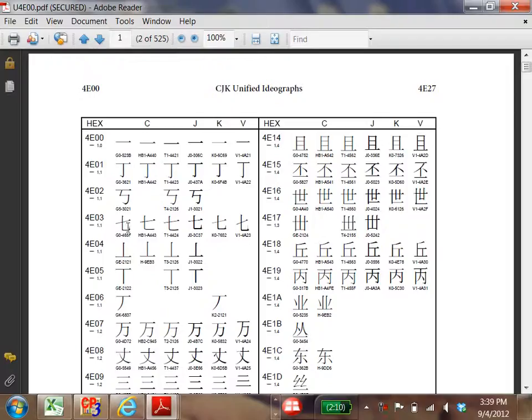And so this character right here, I think, means strength, doesn't it? It means strength. Who reads Chinese? Nobody? You do Chinese?